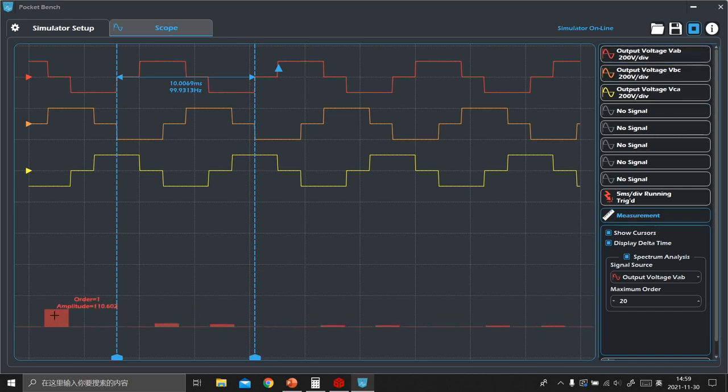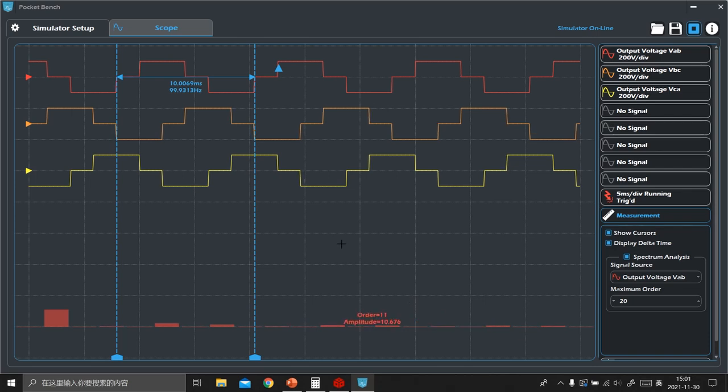In the spectrum, the fundamental component is dominant. And besides the fundamental component, it also contains harmonics, like the 5th order harmonics, 7th order harmonics, 11th order harmonics, and 13th harmonics, and so on. So the orders of the harmonics include 6k plus 1 and 6k minus 1.